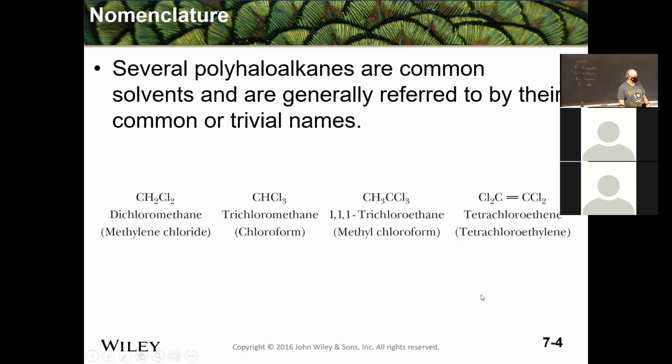This next one, the IUPAC name is 1,1,1-trichloroethane. Commonly it's called methylchloroform. And this last one, tetrachloroethene. Tetrachloroethylene is the common name. Tetrachloroethylene has been used in the past as a dry cleaning solvent.